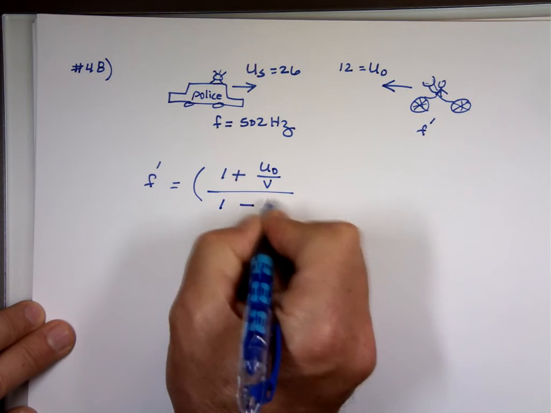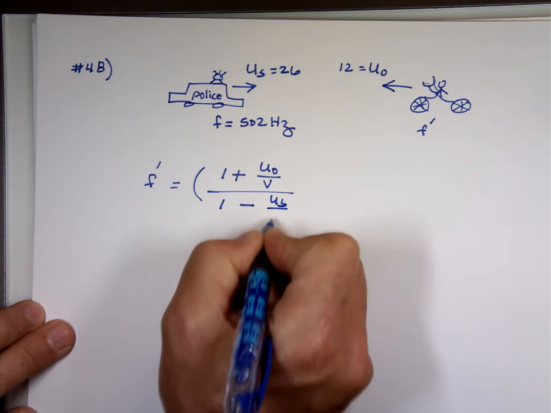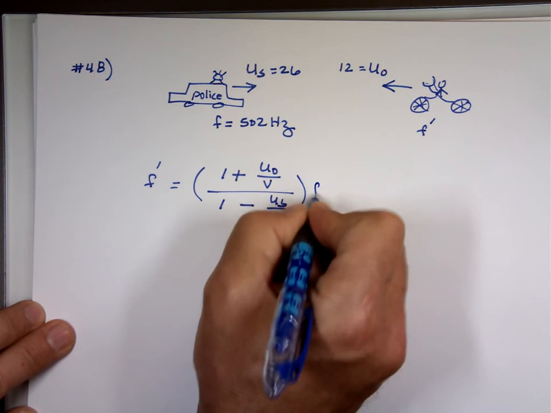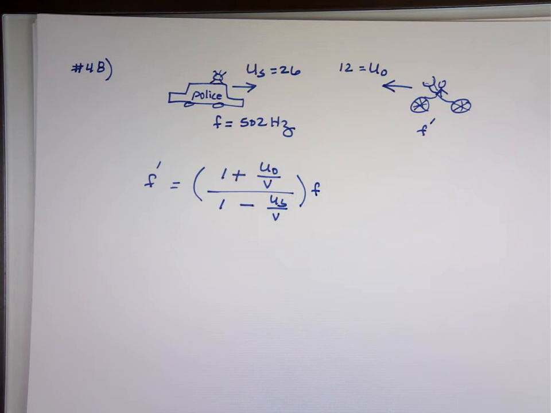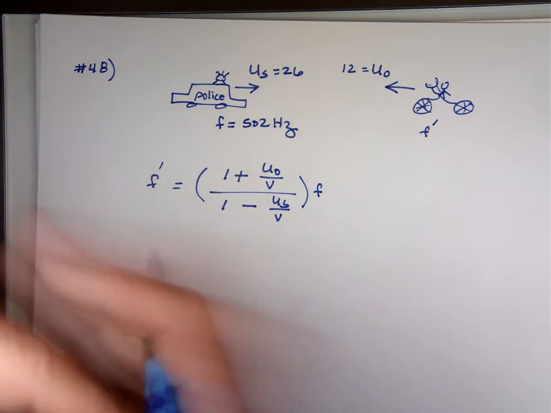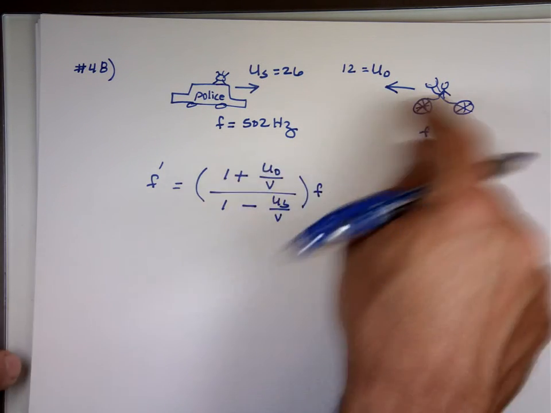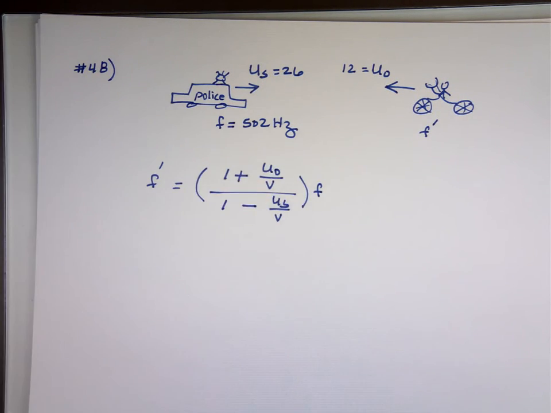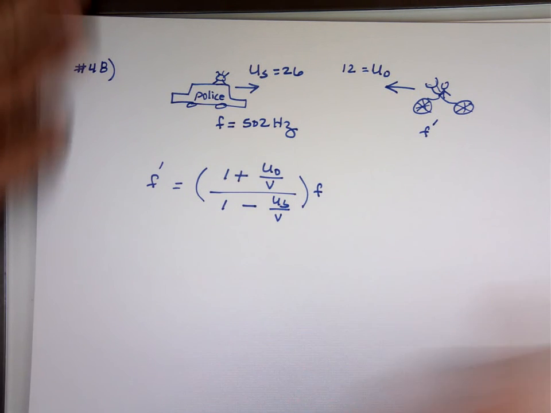I gave you these equations last time. The source is moving toward you, that's where the minus sign comes in because it's going to be quicker. The object is moving toward you, that's why this plus is going to be quicker too. If they're going away from each other, the plus will be in the bottom, the minus will be on the top.